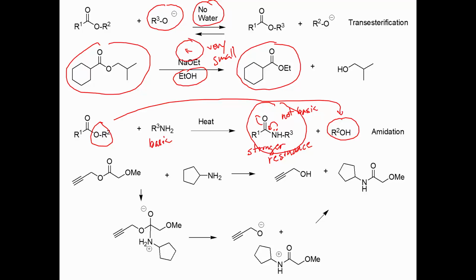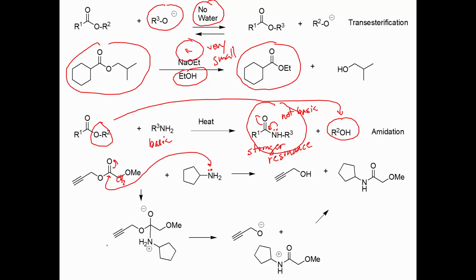So we're just going to look at the mechanism for the reaction at the bottom. Okay, so we're going to take this ester here. And note here that there's this carbon between the alkoxide and the OMe group, so the ester is on the left side here. All right, so the nitrogen is going to serve as a nucleophile.